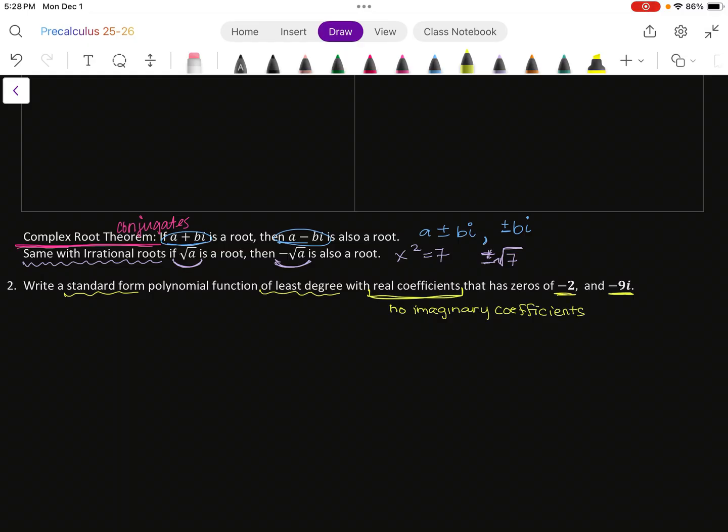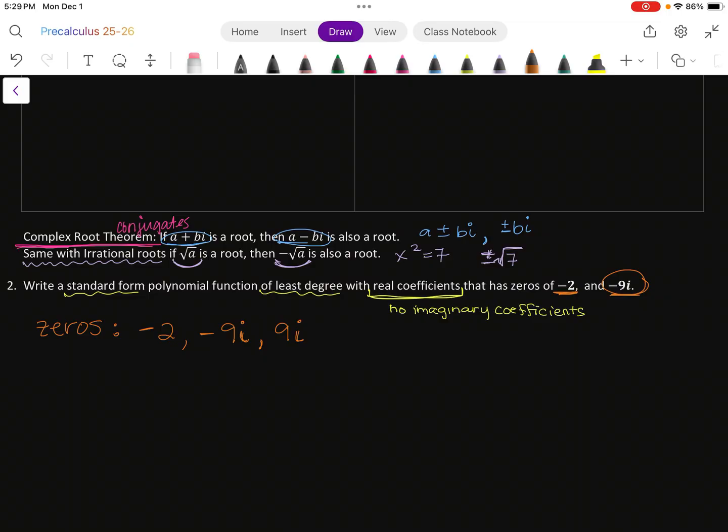But I do have these zeros here, and one of them is imaginary. So if I have zeros of negative 2 and negative 9i, when I find negative 9i, it came with a positive 9i too, because again, plus or minus 9i.